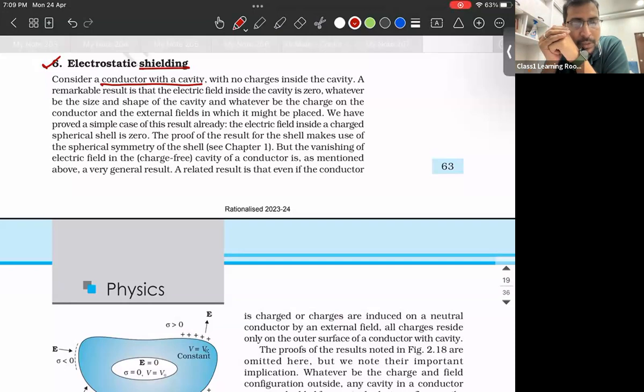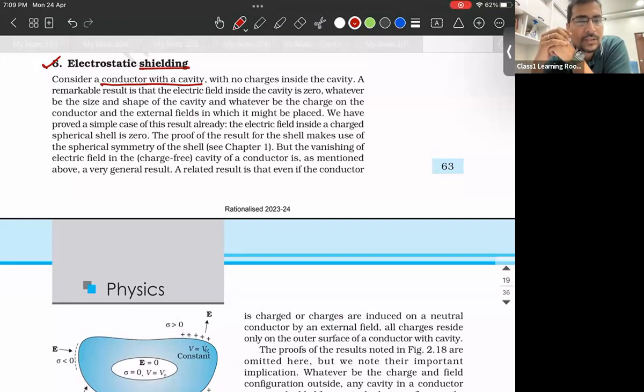Are you able to understand what I'm trying to say? If you consider a conductor with a cavity, the best example is your lift. In your apartments, when you try to have a phone conversation or a call in a lift, most of the time you will not be able to speak because the signal will not be clear.